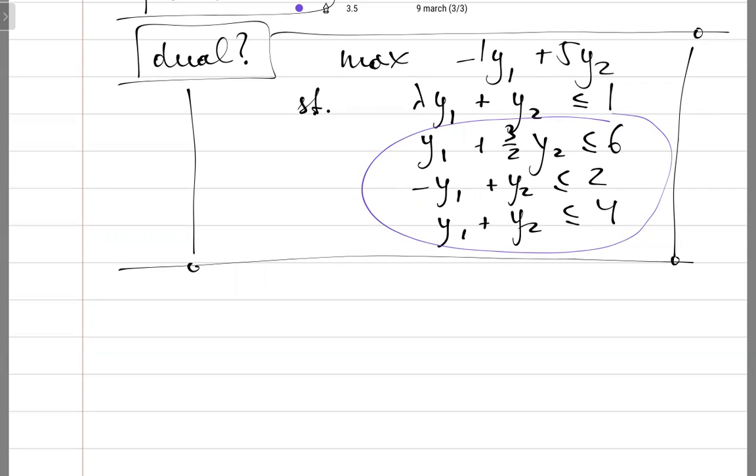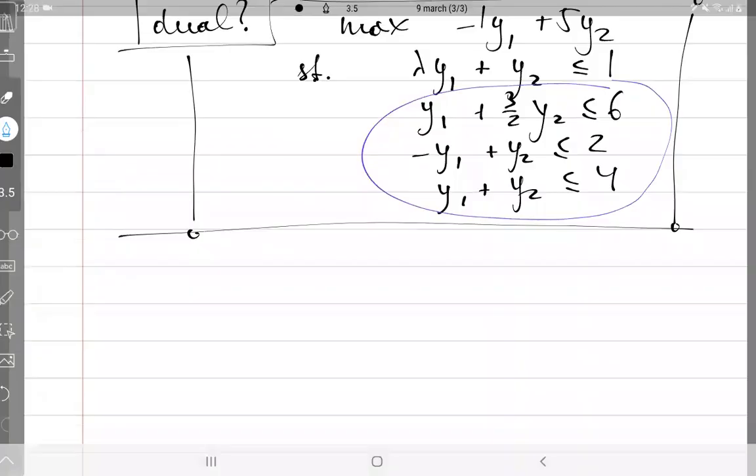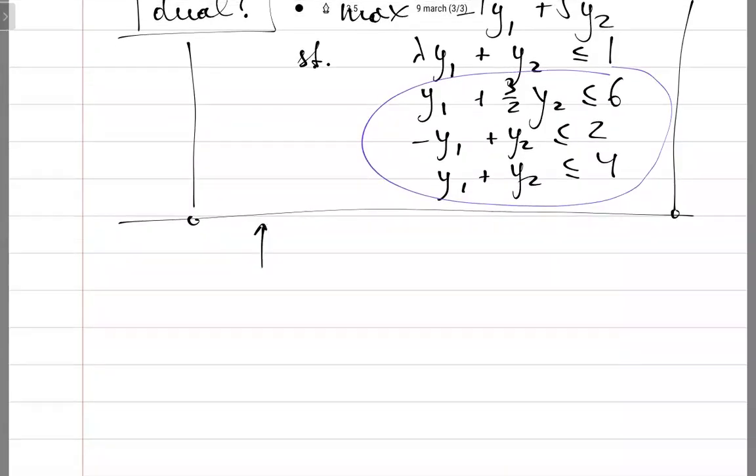The first one will depend on the value of the parameter, but we will draw it. We always work in a region where y1 is positive, y2 is positive.